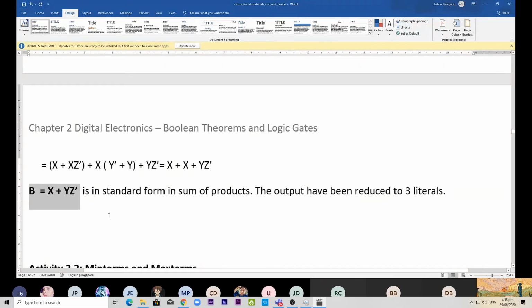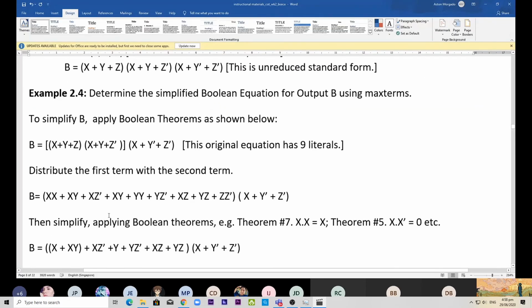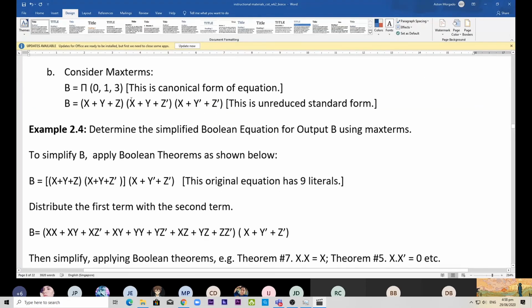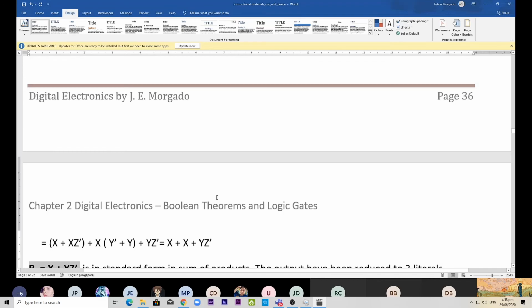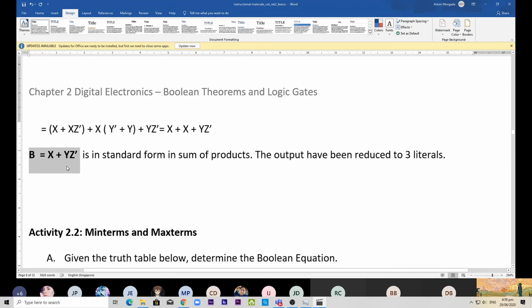How many literals did we have earlier? From 9: 1, 2, 3, 4, 5, 6, 7, 8, 9. So from 9 literals down to just 3 literals. That's why it is important to simplify your equation using Boolean algebra.